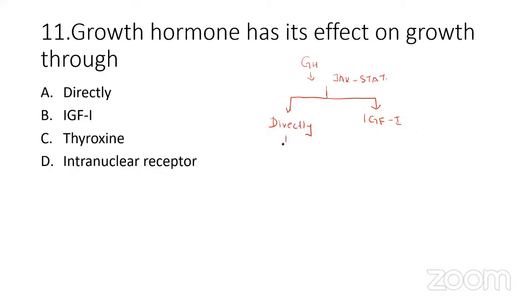The direct actions are mainly metabolic effects. What are the metabolic effects? Effects on glucose or carbohydrate metabolism. It will increase the level of glucose; it has an anti-insulin effect. It increases gluconeogenesis and decreases the peripheral conversion of glucose.